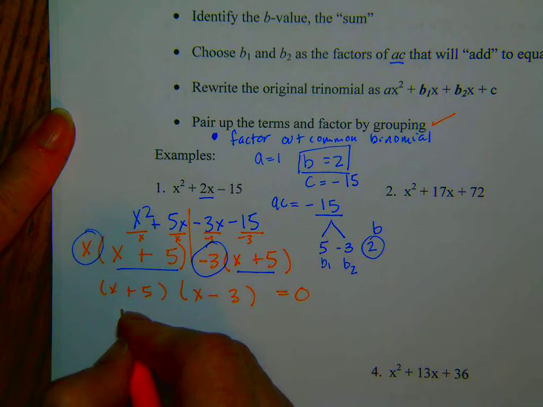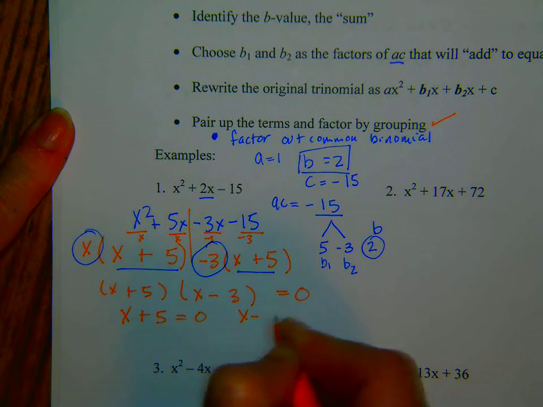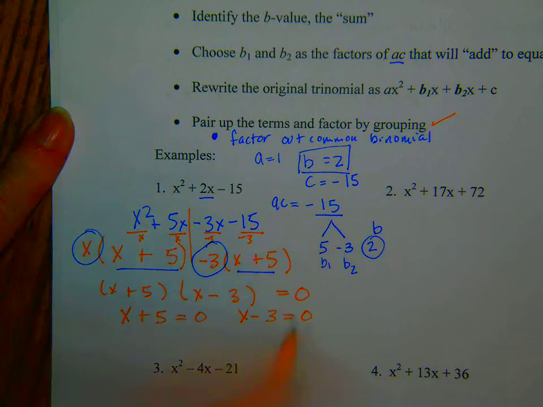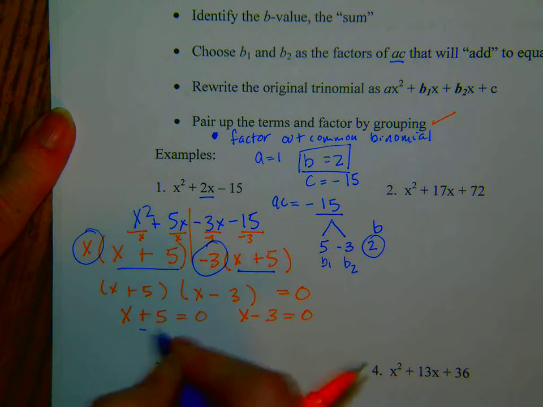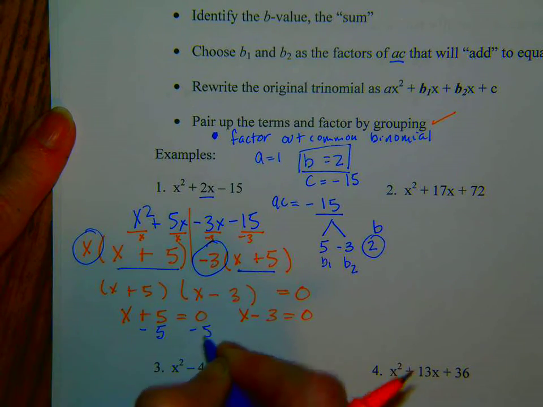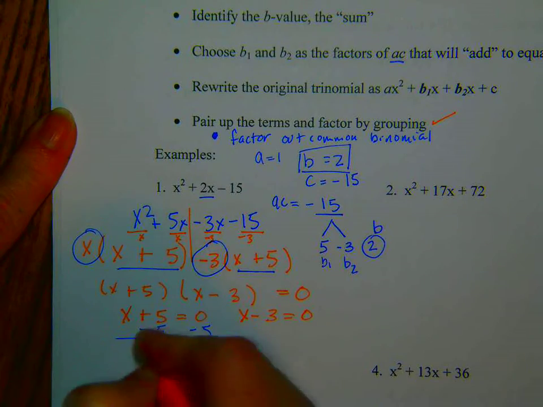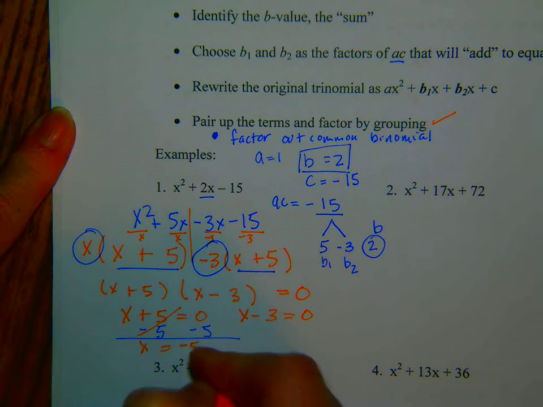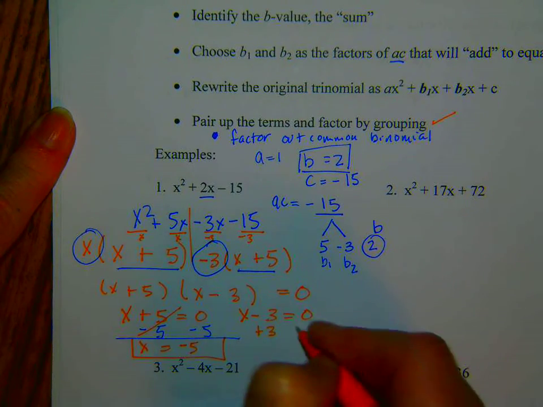If I set x plus 5 equal to 0 and x minus 3 equal to 0, what are my roots, my zeros, my intercepts? Well, I just set them equal to 0 and solve. And what do I get? x equals, those cancel, negative 5. That's one root. And add 3 to both sides.